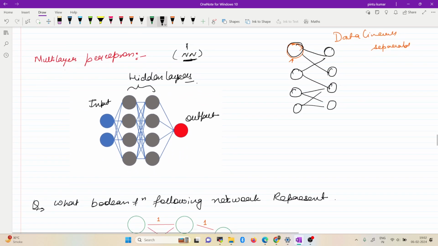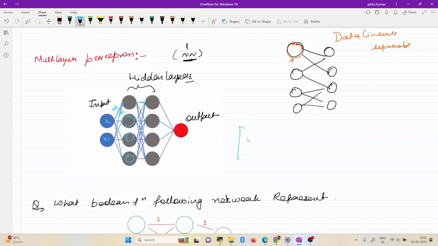Initially you will have some input. Let's say this is x0, this is x1. Both these values will be passed on and multiplied with some weight. So this would be x0 w0 plus x1 w1, and then based on this, this perceptron will output some value. Similarly, there will be a different weight for the next perceptron, and again a different weight for this perceptron.